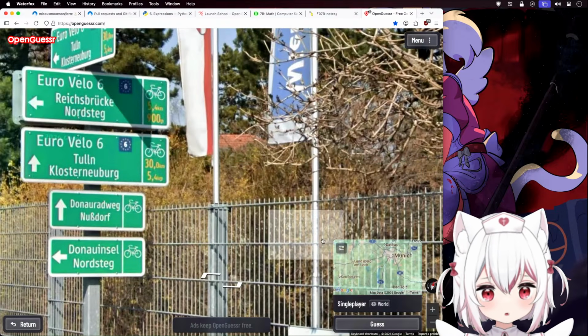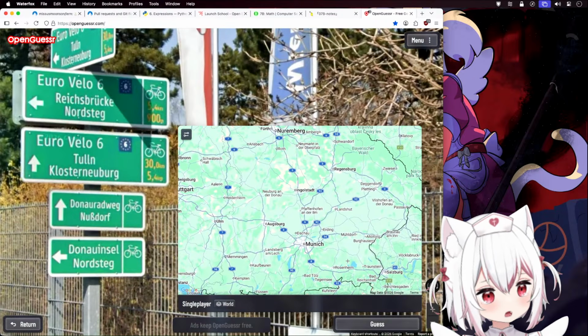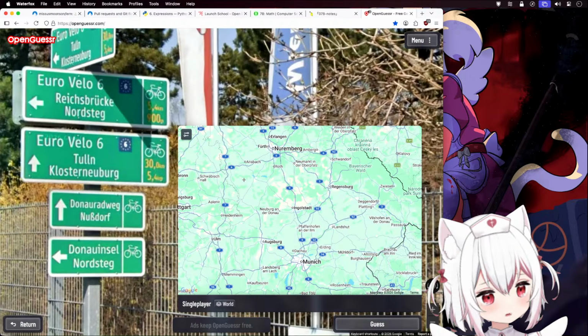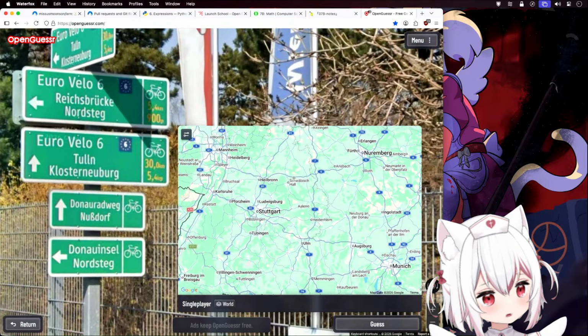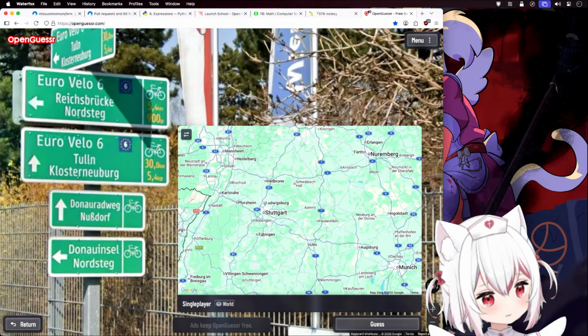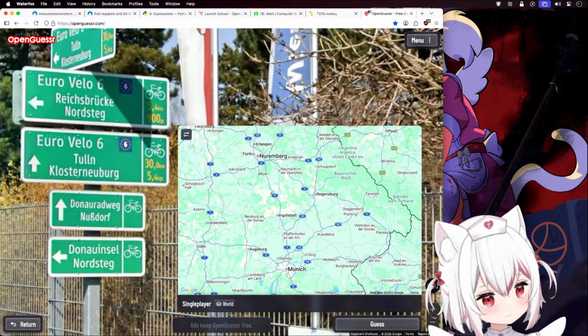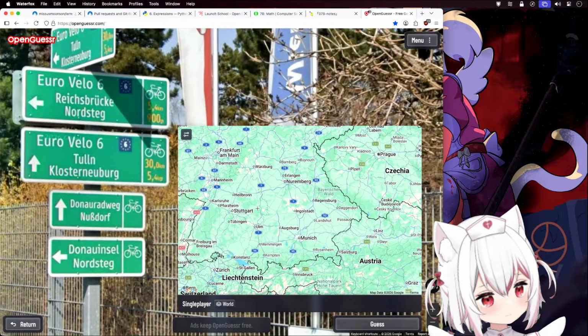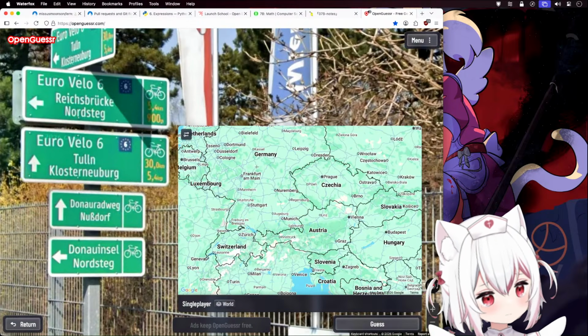Actually, I wonder what Eurovelo 6 means. Is that like a route? So here's 6. Ansbach. Something. 6, 7.